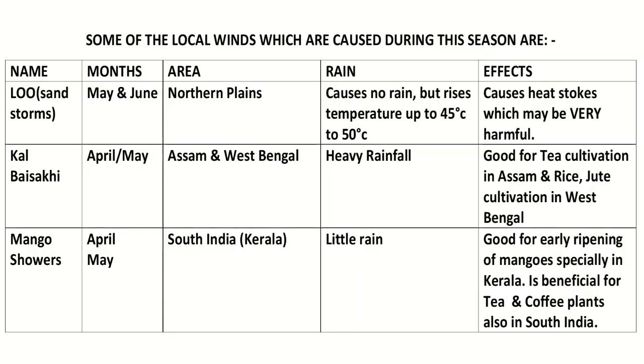Then the third type is the mango shower, which is also in the same months, April and May. It is in the southern part of India, mainly the state of Kerala. It brings little rain, but which is very good for the early ripening of mangoes, especially in Kerala, and it is beneficial for tea and coffee plantation as well.